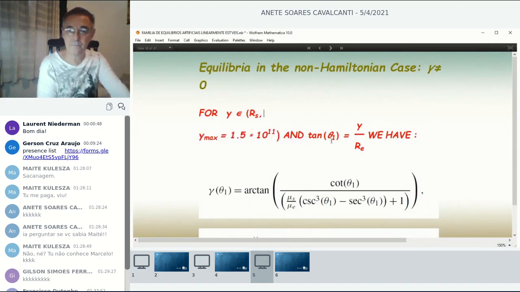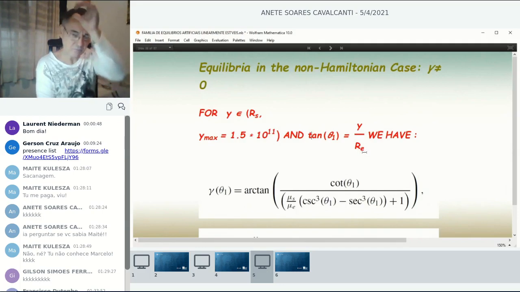and we consider θ1, the angle whose tangent is given by y over, remember, big R sub E, the location of the Earth, of the planet. So it's the distance from the planet to the sun.